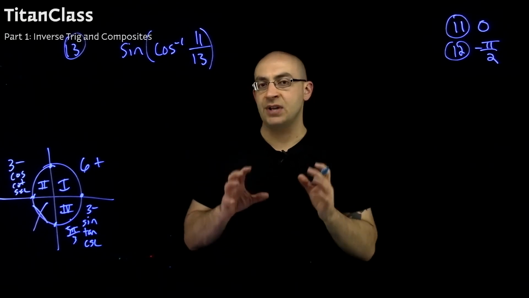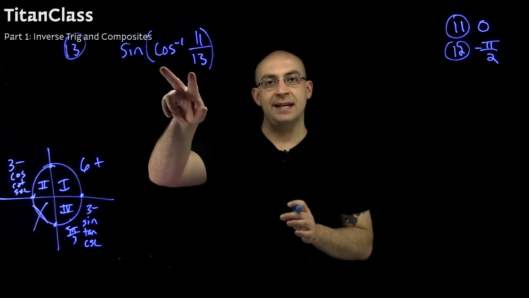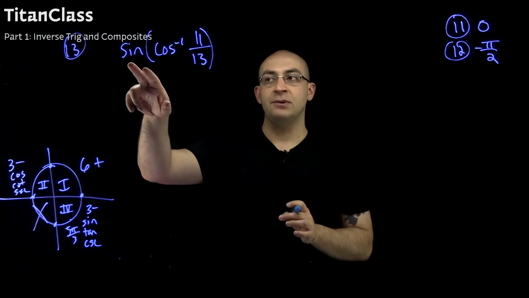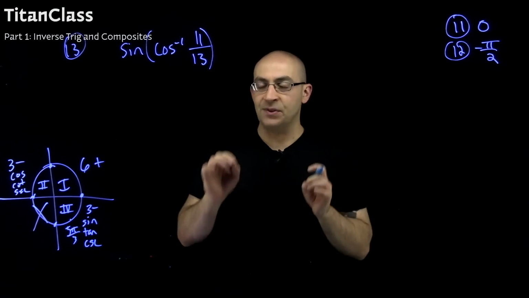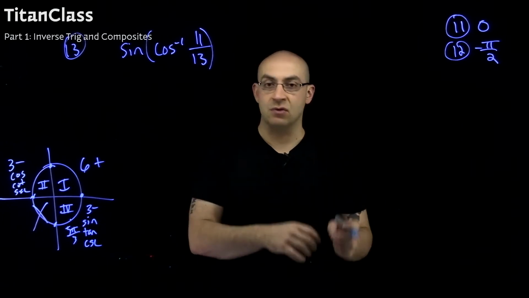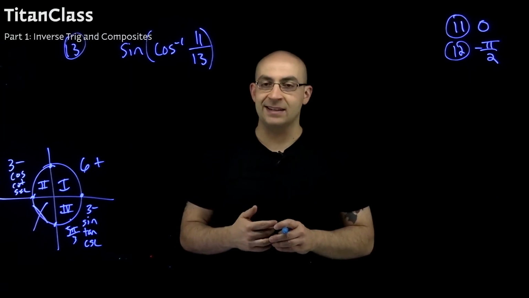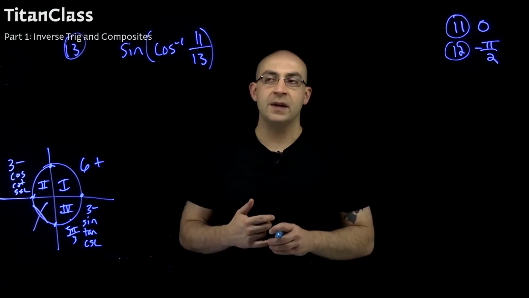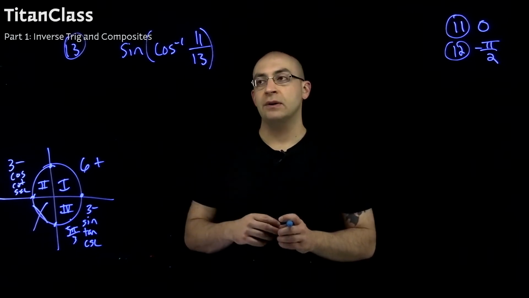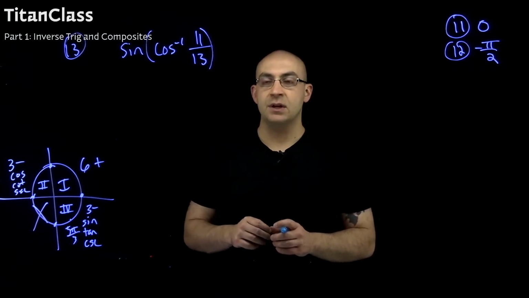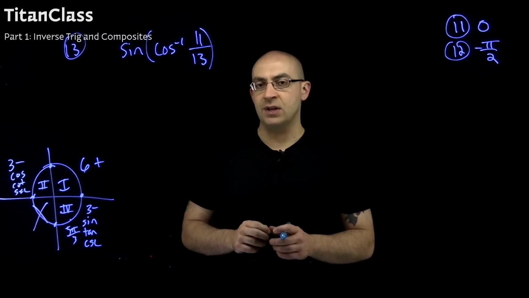It's still somewhat the same process, but when we have the inverse on the inside and the trig value on the outside, it's almost all the time going to be that I have to draw a right triangle. And here's the proof: 11 over 13 is not on the unit circle in any way, shape, or form. So that is an indicator where we're going to have to draw a right triangle, use the Pythagorean theorem, and solve for the missing values.